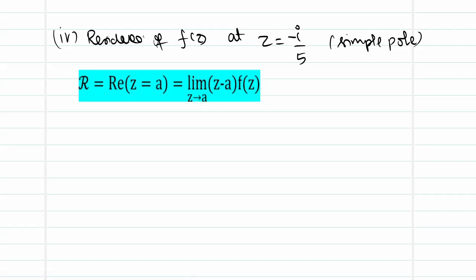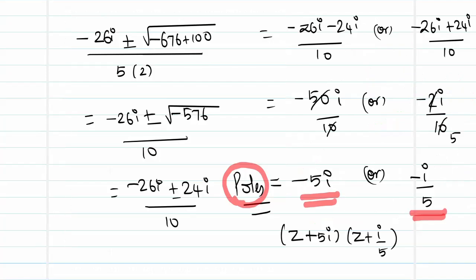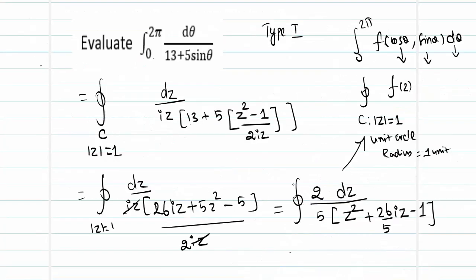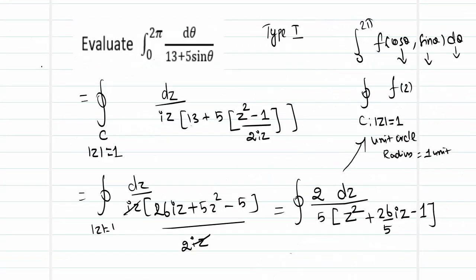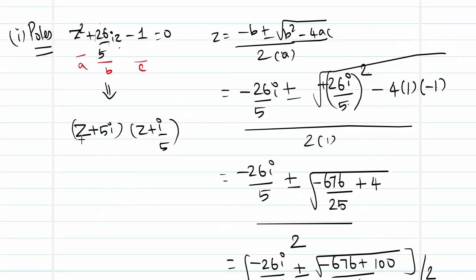So when I am going to apply this for my function, I'll have to first retrace my function f of z. What is my function f of z? You can move over here to find it. Integral over the circle C, 2 by 5 dz. The denominator over here was replaced by the quantity z plus 5i, z plus i by 5.